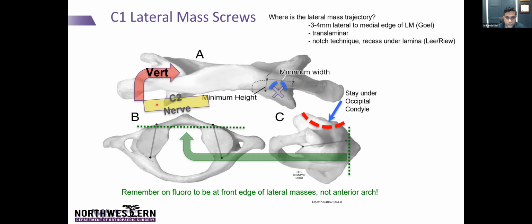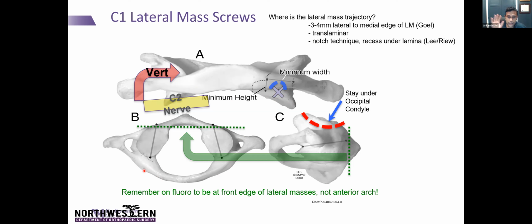The C2 nerve is running through here. Typically, you can move it out of the way and hold it there with a Penfield or something so that when you get your small burr for a starting point, you don't wrap it up. Remember, you're going to be using fluoroscopy to direct your craniocaudal angulation, so I don't worry too much about that.